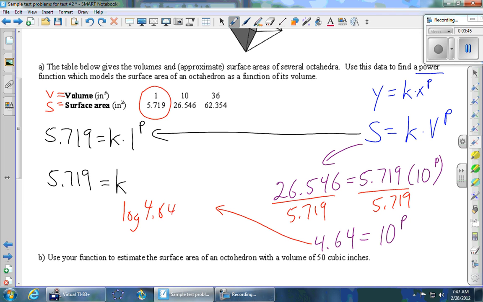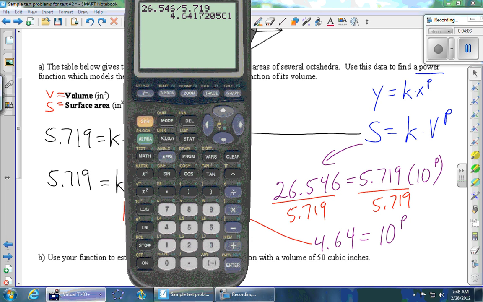Log of 4.64 equals log of 10 to the P. And then only because it's a 10, log of 10 to the P is just P. So P is equal to the log of 4.64. So we just need to take the log of that answer that's in the calculator. Log of second answer. And we get a number that's quite close to 2/3.